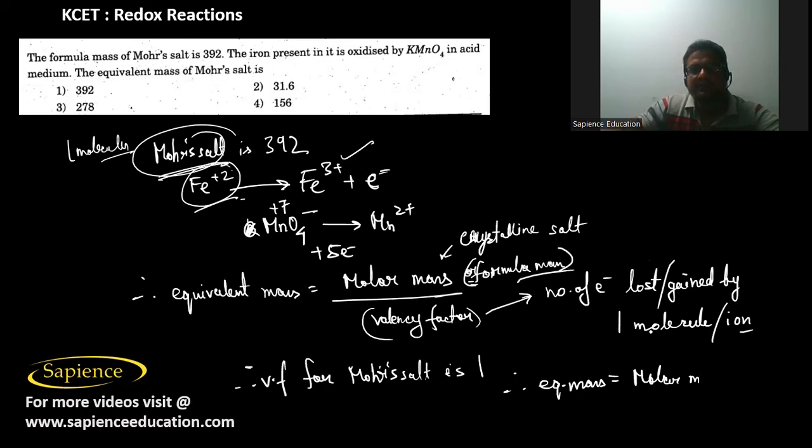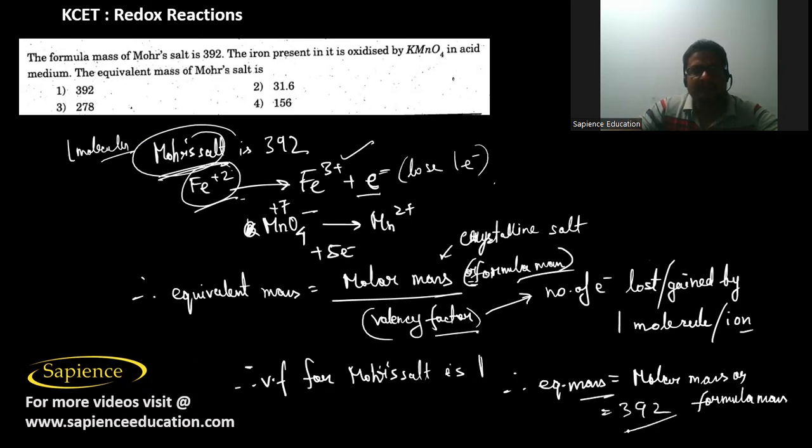So here the equivalent mass will be same as the molar mass or the formula mass. Since the valency factor of Mohr's salt is 1, it will lose 1 electron only. So therefore the equivalent mass will be also 392. So option 1 is the correct answer.